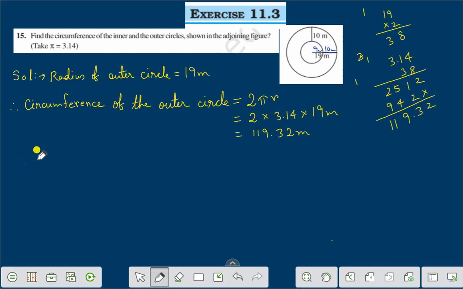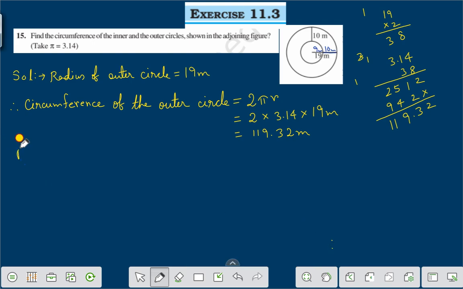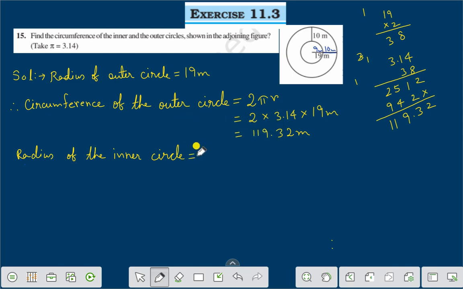Therefore radius of the inner circle is equal to 19 minus 10 meter, and that is equal to 9 meter, right?